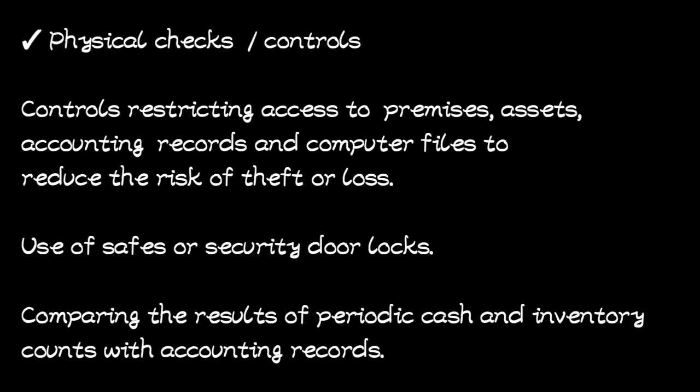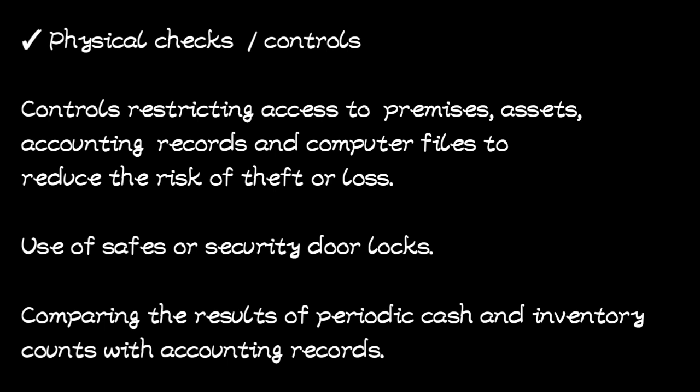Another control activity is physical checks or controls. So these are controls that restrict access to premises, assets, accounting records, and computer files, to reduce the risk of theft or loss. They restrict who can access the premises of the entity. For example, if you're entering the premises of an entity, they first check you, then they make you register somewhere, things like that.